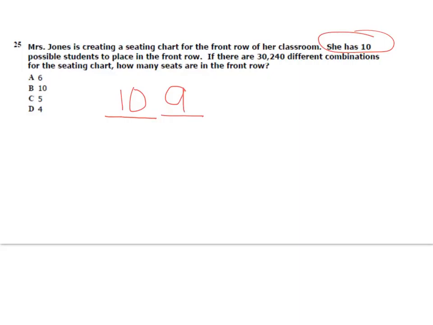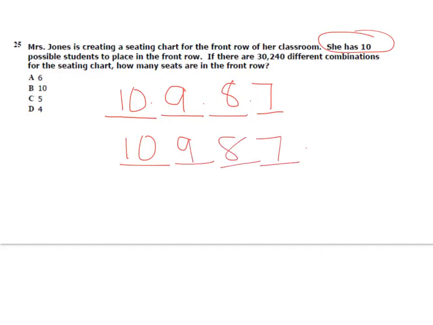When I look at my choices, I have 6, 10, 5, and 4. If it was 4 choices, it would be 10, 9, 8, and 7, and I'll multiply those together. If it was 5 choices, it would be 10, 9, 8, 7, and 6, and so forth and so on.